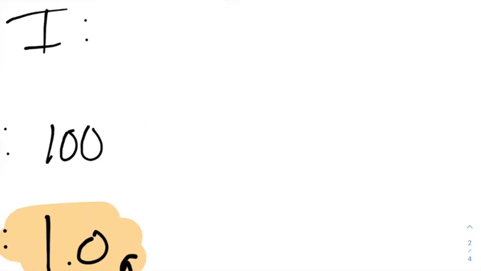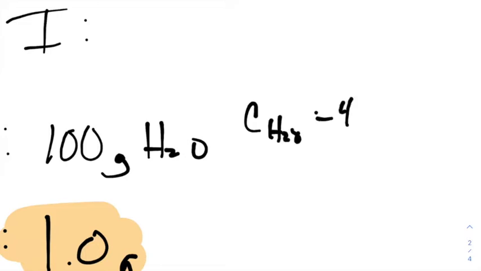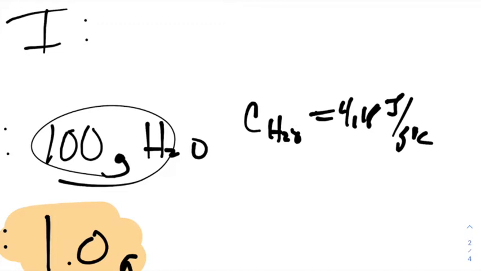So if it's really mostly water, then we're going to assume that what we have is 100 grams of our water solution, because we know that the specific heat of water is 4.18 joules per gram degree Celsius. And again, we know that it's 100 grams because the density of water is 1, so the 100 milliliters should give us 100 grams.